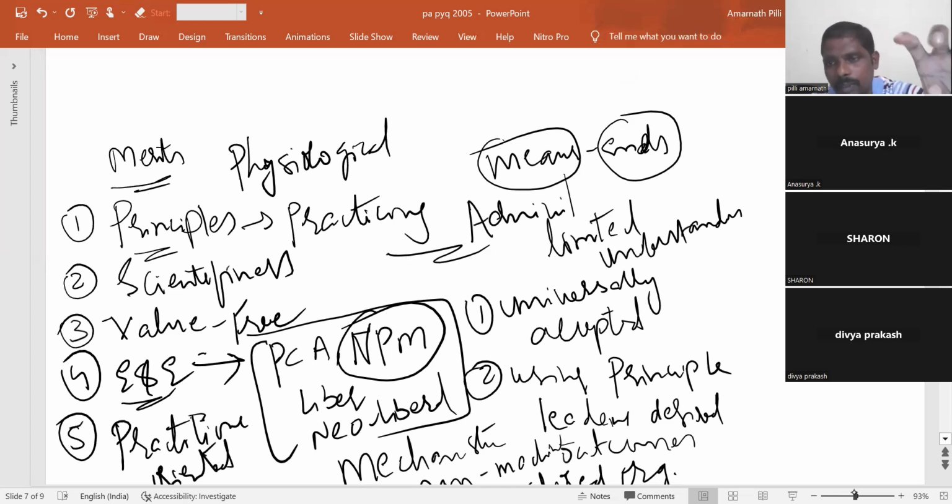And this limitedness, the shortcomings in these principles, were highlighted by Elton Mayo through his Hawthorne experiments.